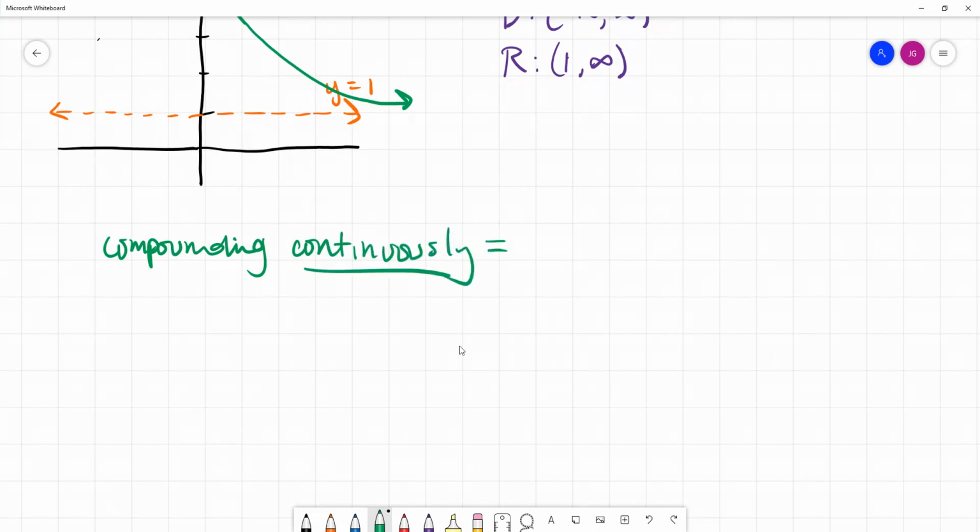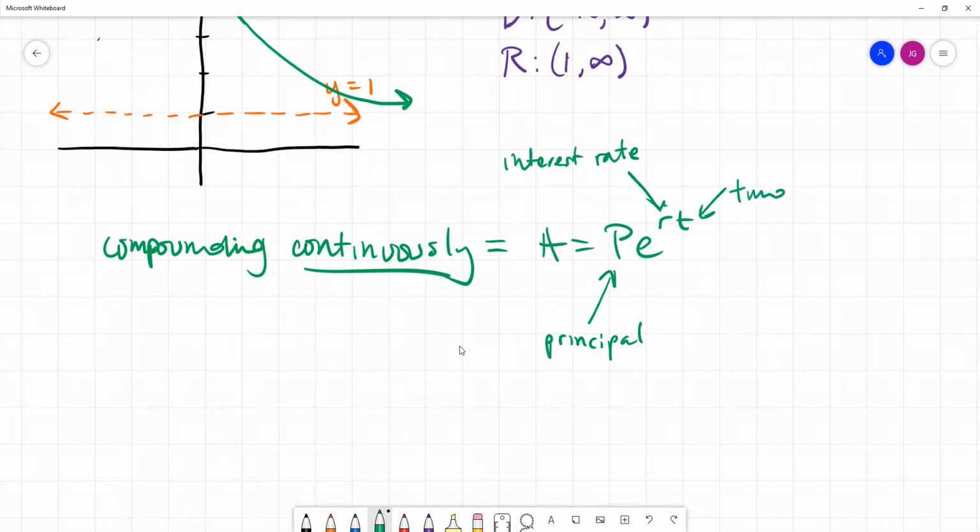Whenever you see this, the formula you're going to use is A is equal to P times E to the RT. Okay, P is the same, it's the principal, the initial value. R is the rate, the interest rate. And then T is time, okay?